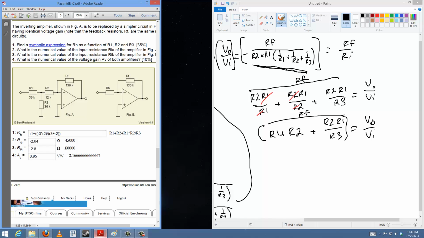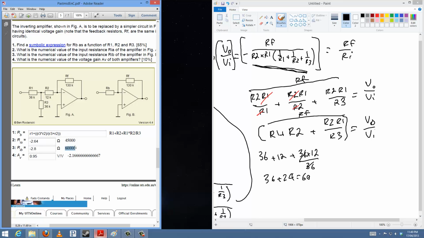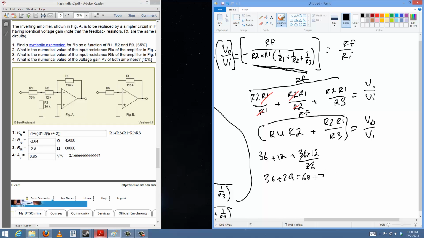If you sub in the values for this, which I'll do right now, I would have 36, all big factors of 1,000, plus 12 plus 36 times 12 divided by 36, so that's just plus 12. So it's 36 plus 24 equals 60, and we can see here that it is actually correct. So this is our RIB.